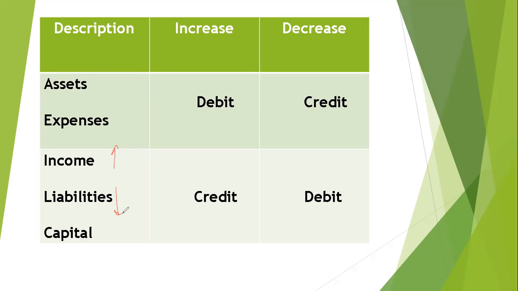As we know, when there is an income increase, we credit the entry, and when there is a liability decrease, we debit the entry.